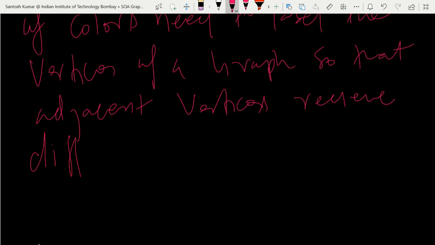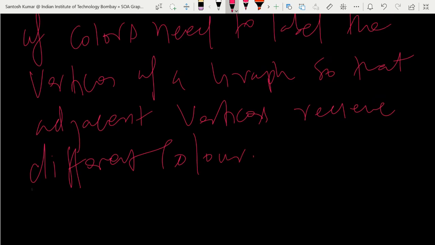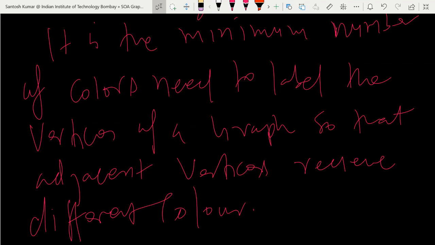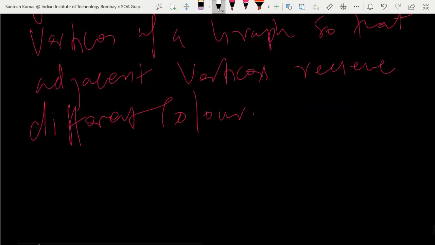Okay, so again, read the definition. It is a minimum number of colors needed to label the vertices. Color, you can say like label. So two vertices of an edge will have different colors. So for example, if I ask you, C5, what is the chromatic number for this graph?